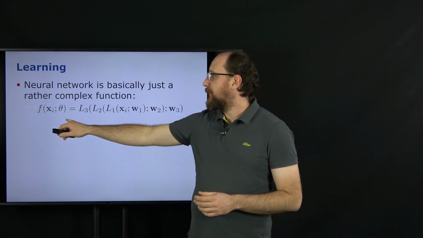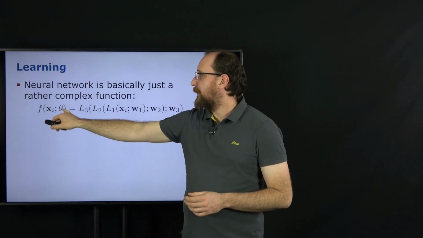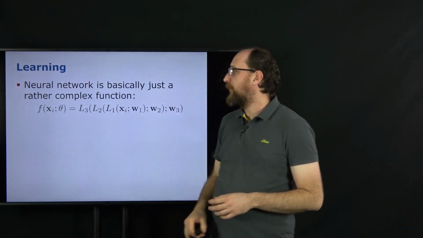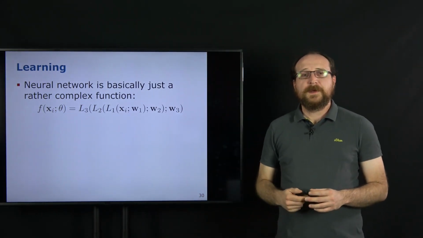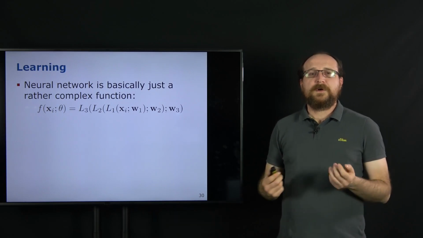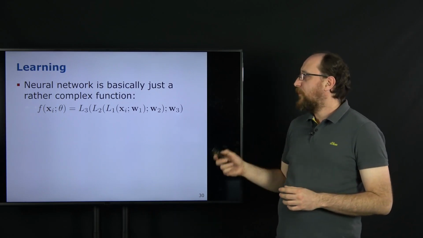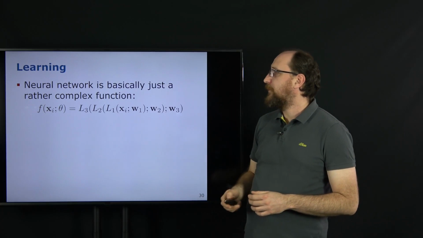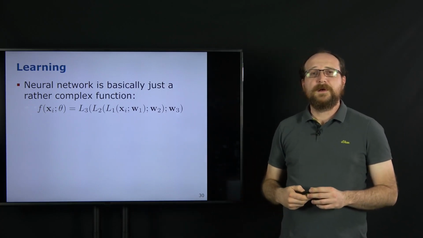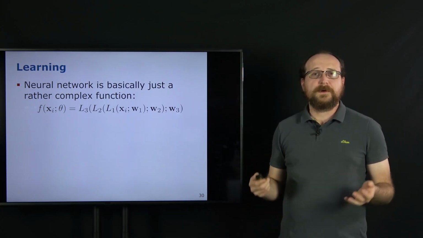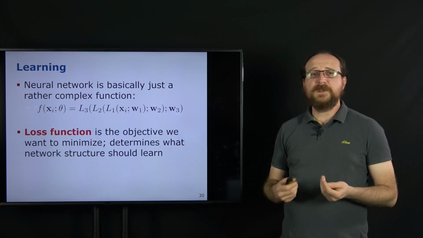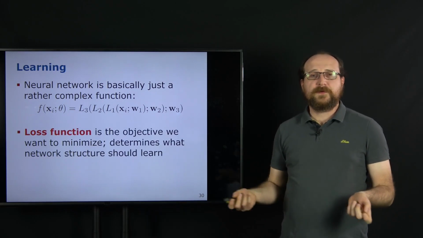And usually in the literature, we say that the parameters of this function are given by theta. What we want to achieve now is to learn all these parameters in a way that we are optimizing the network in the way that we are interested in. That means we want to minimize the loss function.